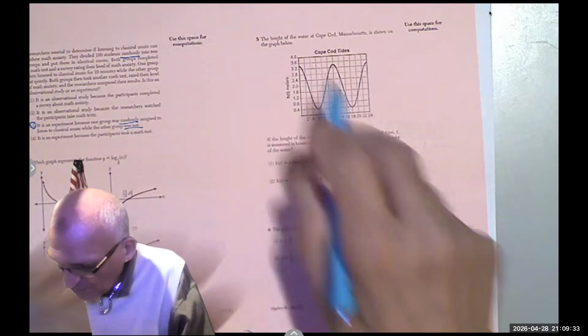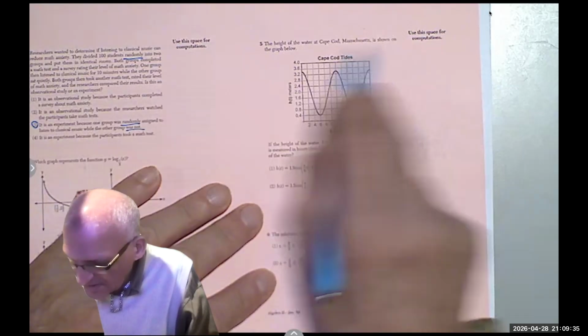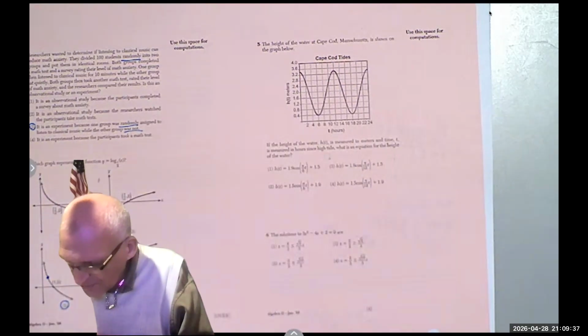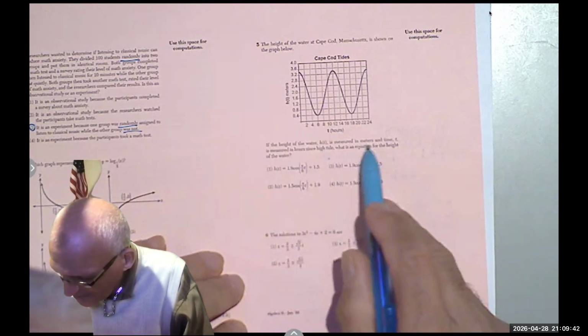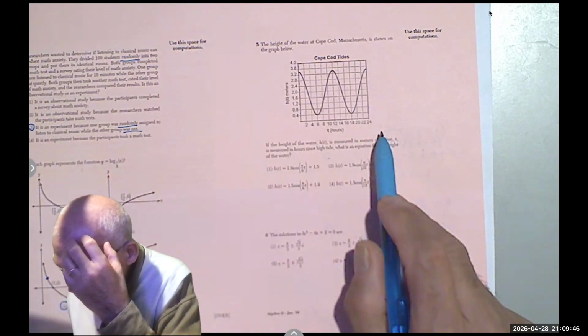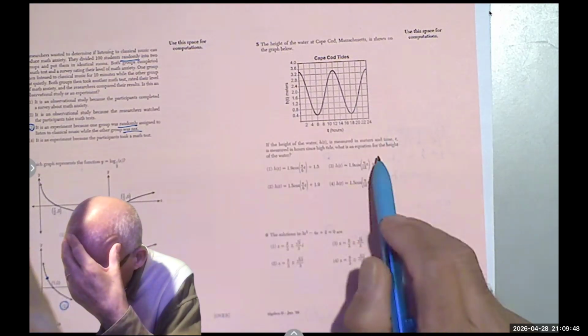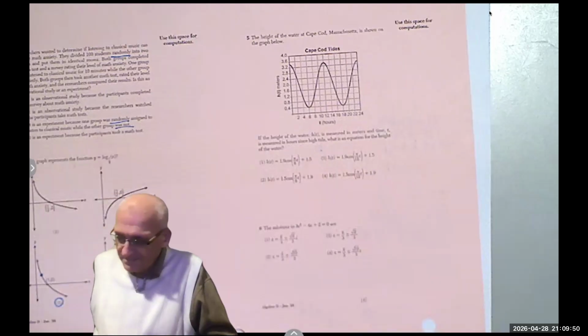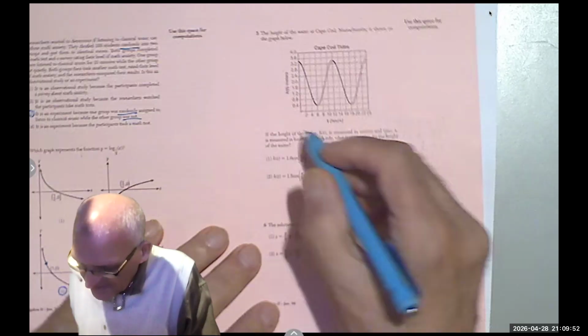But anyway. The height of the water at Cape Cod, Massachusetts is shown on the graph below. If the height of the water h of t is measured in meters and the time is measured in hours since high tide, what is the equation for the height of the water? Well, if at 0 we start with a max, so that's a cosine.